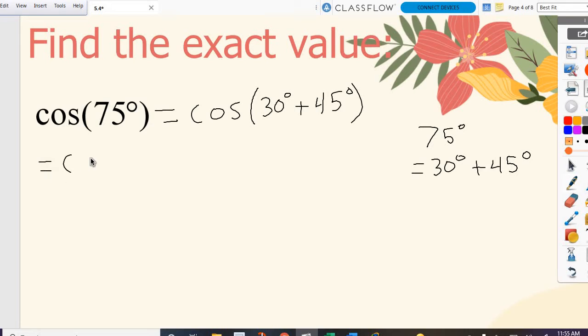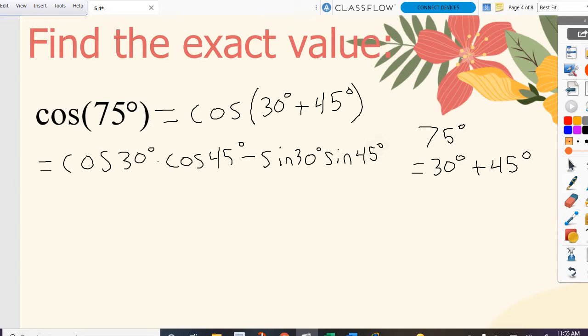So we'll have cosine of 30 degrees times cosine of 45 degrees. It's going to be subtraction this time, and then we'll have sine of 30 times sine of 45. What is cosine of 30?